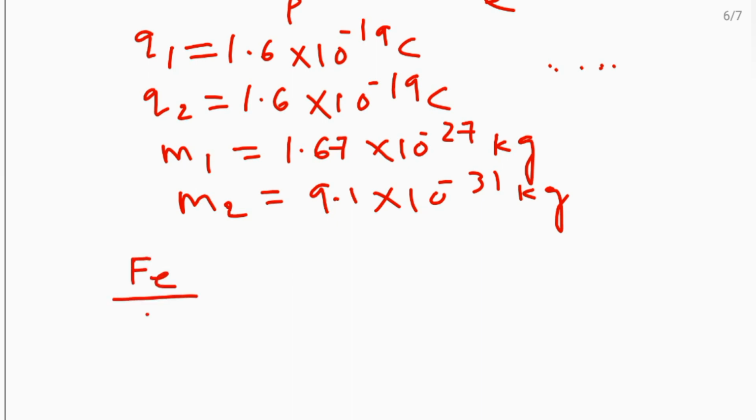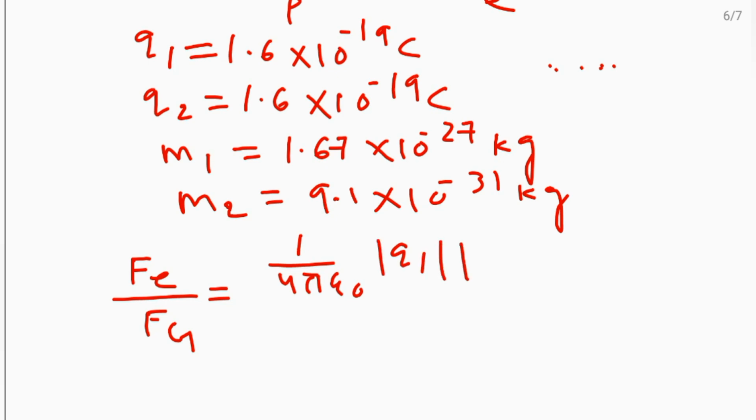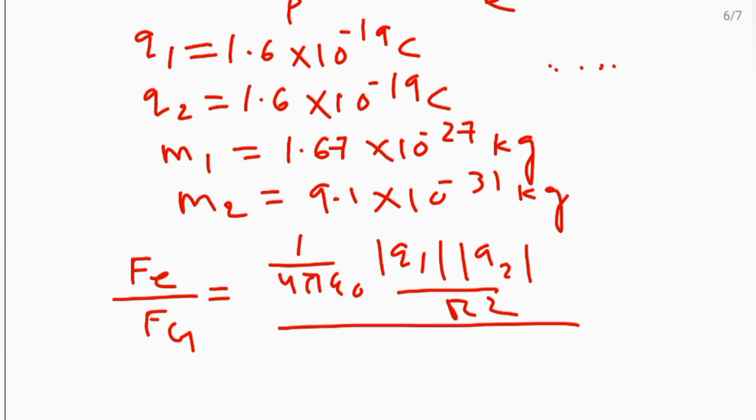So now we can find the electrostatic force divided by the gravitational force. The electrostatic force formula is 1 by 4 pi epsilon, modulus q1 into modulus q2 by r square, and the gravitational force formula is capital G m1 into m2 by r square.